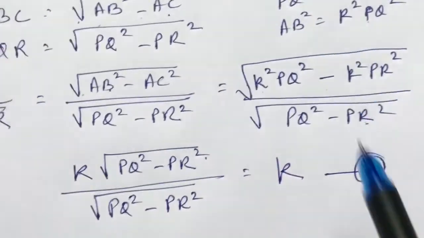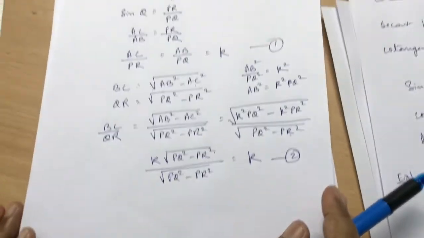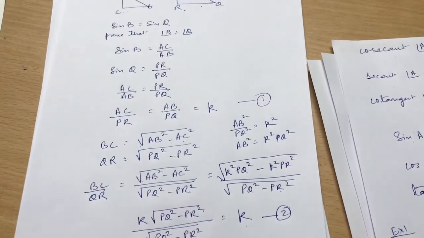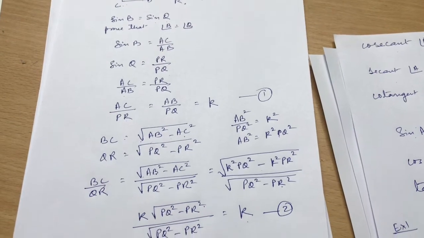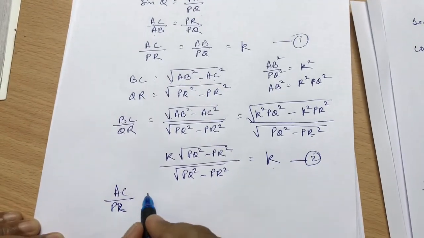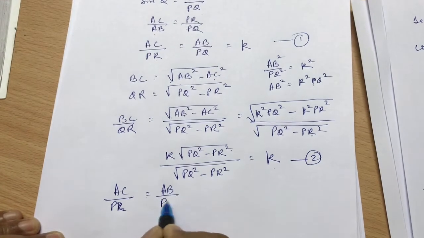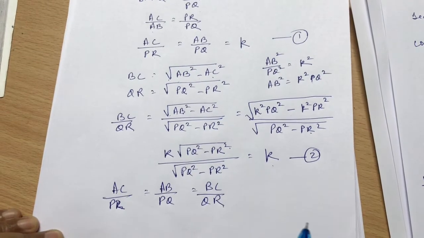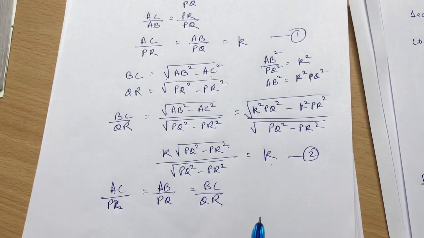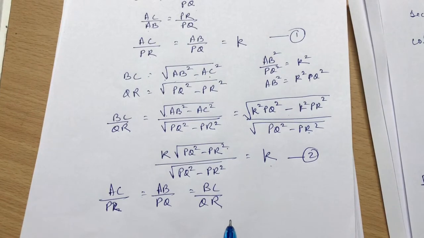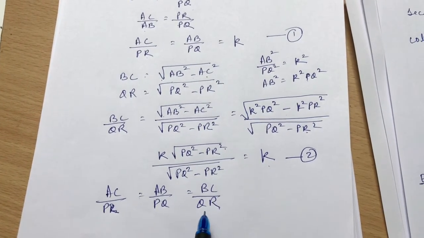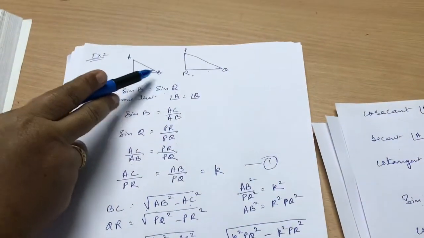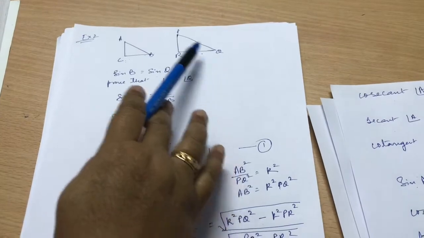So from 1 and 2, what do you get? I can say BC by QR is equal to K. So I can write AC by PR is equal to AB by PQ is equal to BC by QR. Now here you will be using the similar triangles. Triangle ABC is similar to triangle PQR.